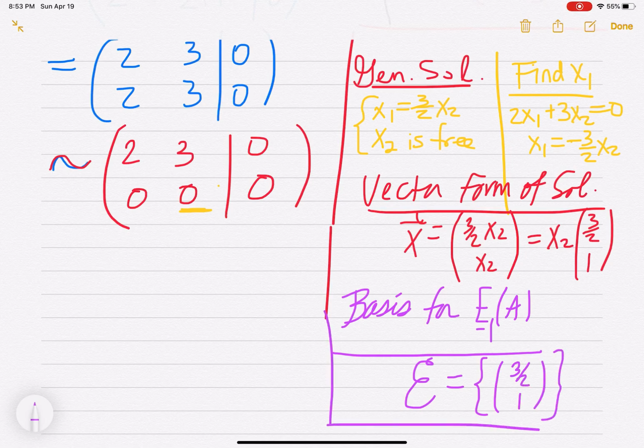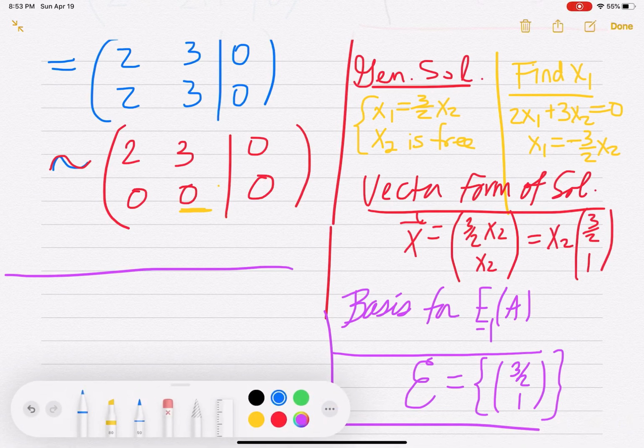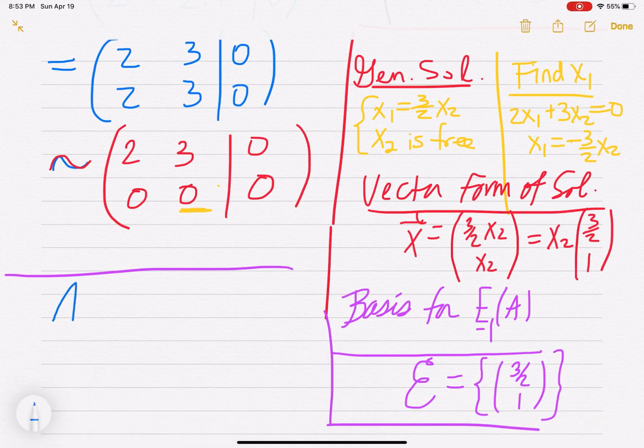All right. So, in the diagonalization process, our matrix A equals P D P inverse, where P is going to consist of your eigenvectors from the bases.